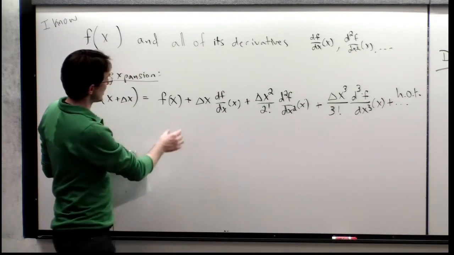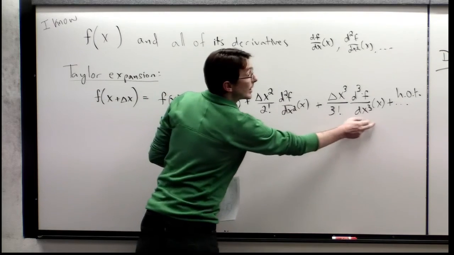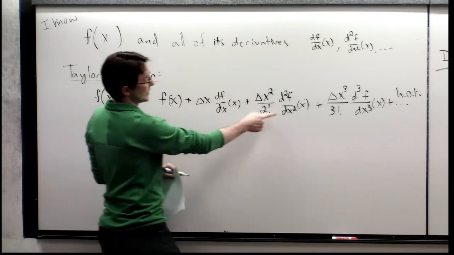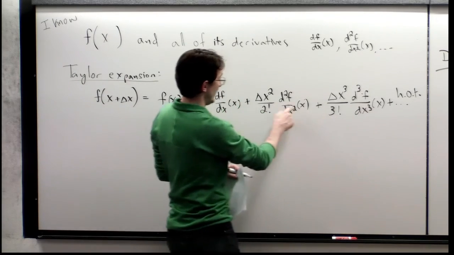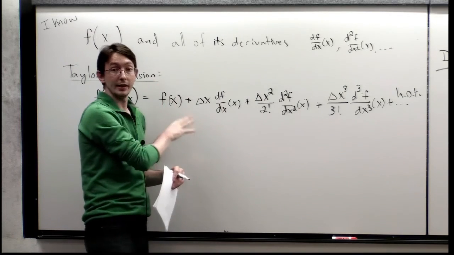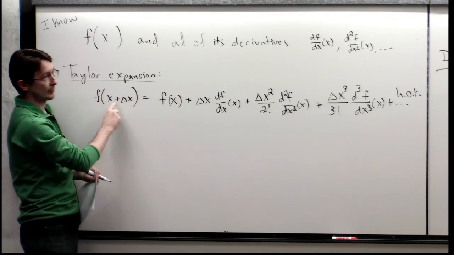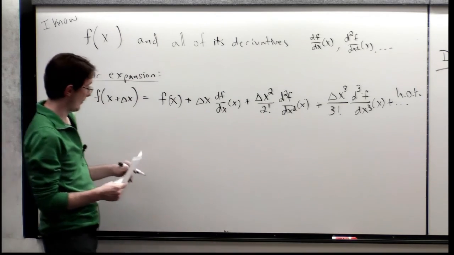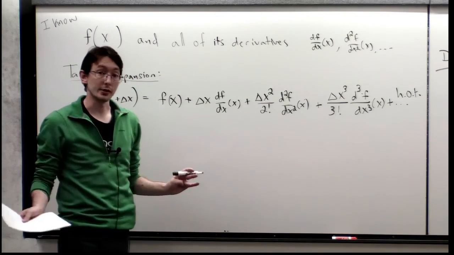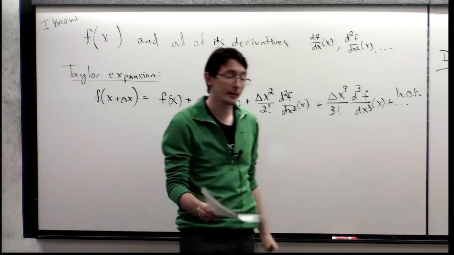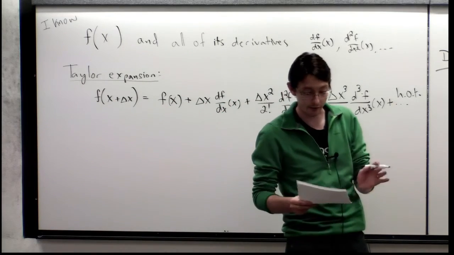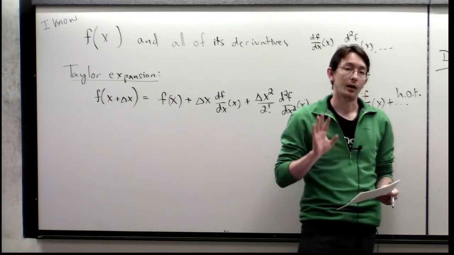So this is now written in terms of quantities I know. I know f, df, d squared f, d cubed f, all evaluated at the point x. And this gives me an approximation to f at a nearby point, x plus delta x. So please refresh yourself on this Taylor expansion. It's very, very, very important for almost everything we're doing from here on in.